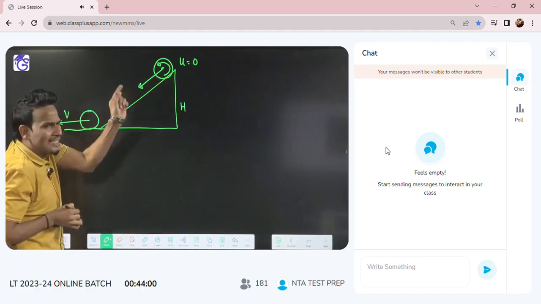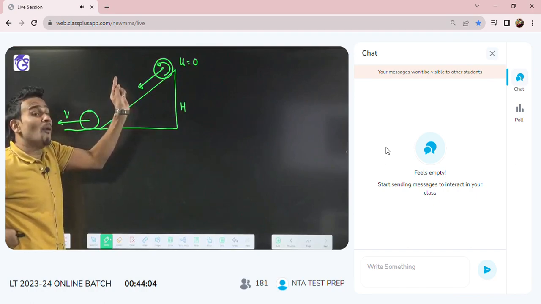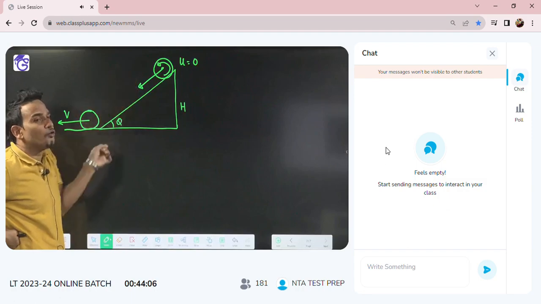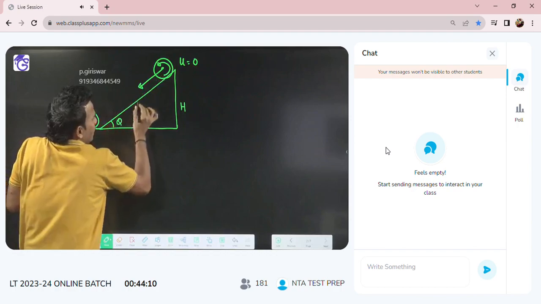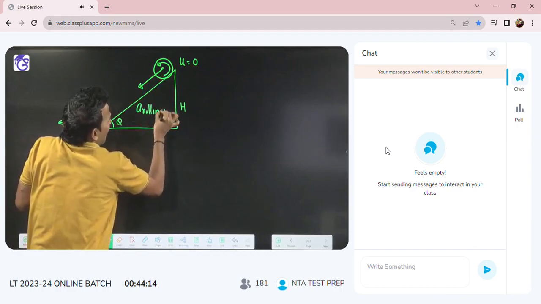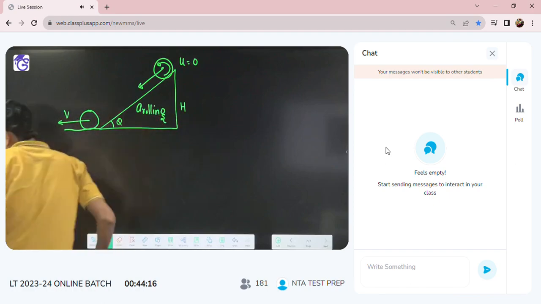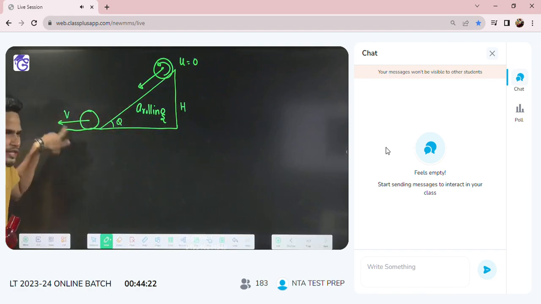So someone has increased the velocity from 0 to v. That means when a body rolls down the inclined plane, there will be some acceleration. That acceleration we call rolling acceleration. Our target is to calculate this rolling acceleration and this final velocity v.